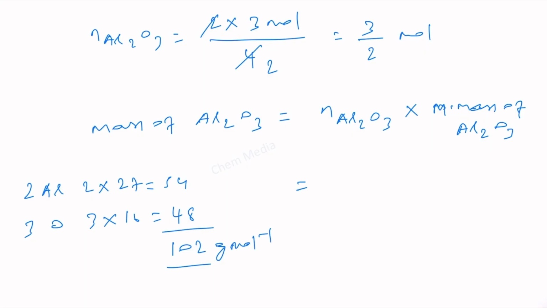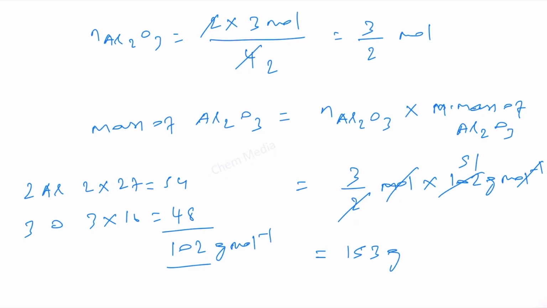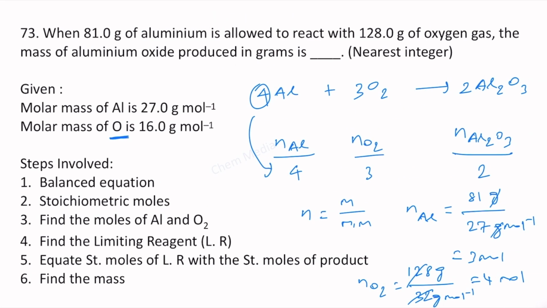Therefore, this is equal to 3 by 2 moles times 102 gram per mole. This will become 51. 51 times 3 is 153 gram. So, that is the mass of Al2O3. Therefore, the correct answer here is 153.